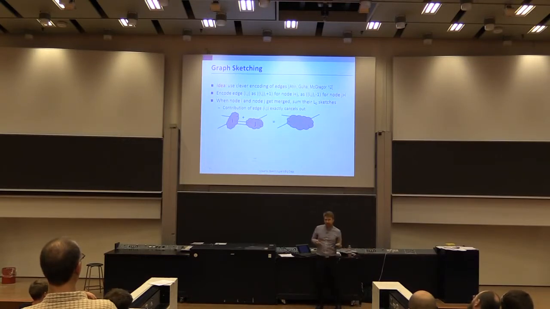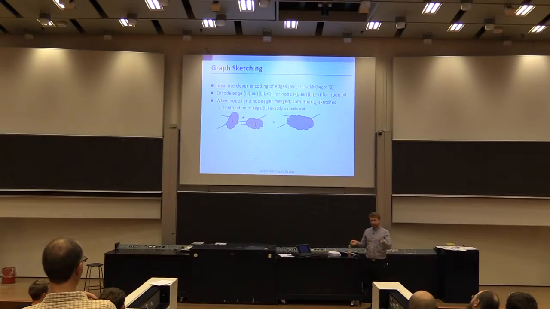So it exactly cancels out. When you do this summation, the contribution to the weight from every internal edge in the component goes to 0. And what you're left with is just contributions to the sketch from edges that are not currently internal to that component.